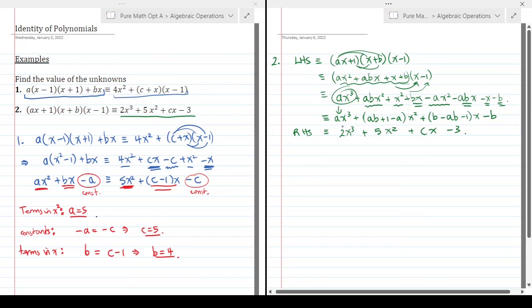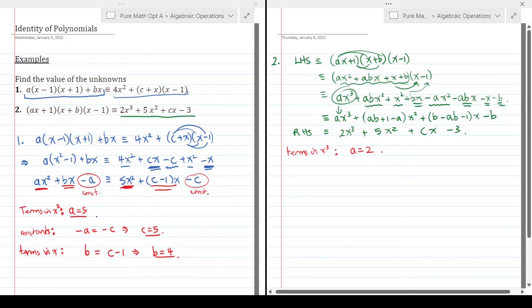So clearly, let me switch up my color a little bit here. I'm going to look at the terms in x cubed now, because that gives me the value of a off the bat, right? These are my terms in x cubed, so a is equal to 2.